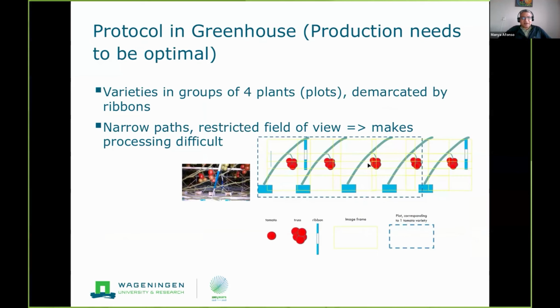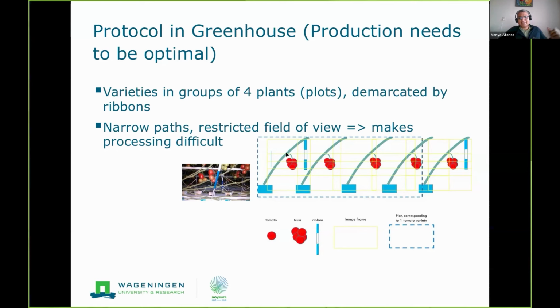And we need to keep in mind that in a greenhouse which is optimized for production, the tomato plants are moved along the growth process to be able to have as many as possible.